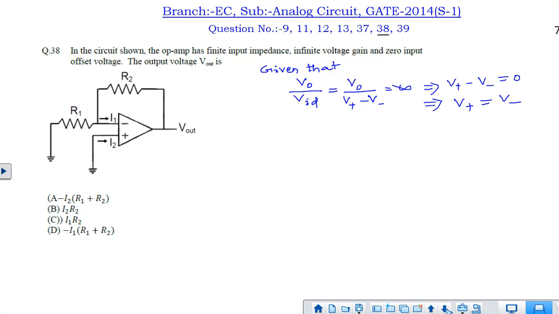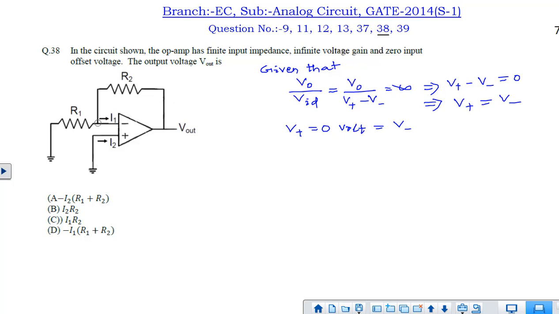This can be true only when both V plus and V minus will be at the same potential, because the denominator value will be 0, so the gain will become infinity. So if we see here the non-inverting terminal is grounded, so whatever the potential is here, the same potential is also here.